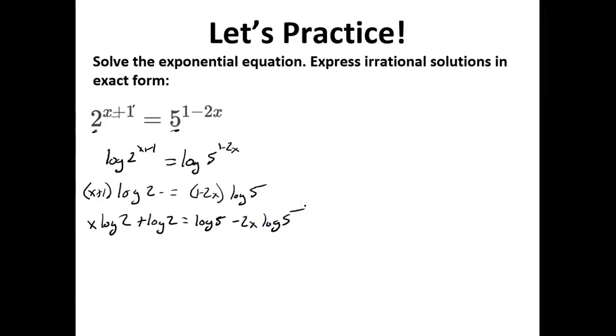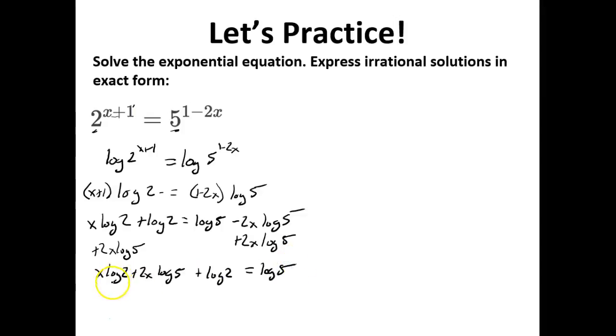This might look messy, but now we have x's that are in a single term. So I'm going to add 2x log of 5 to both sides. And so on the left hand side now I'll have x log of 2 plus 2x log of 5 plus log of 2 is equal to log of 5.